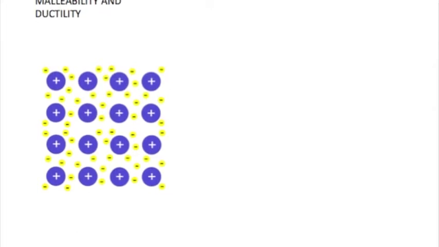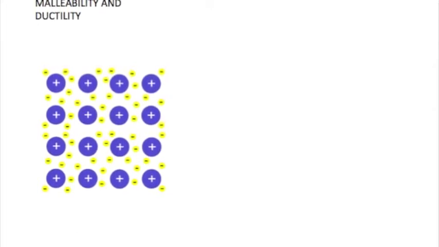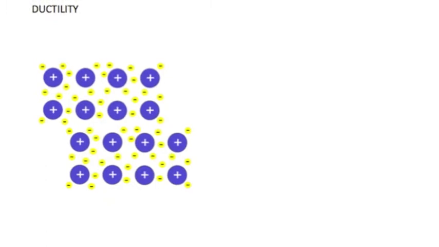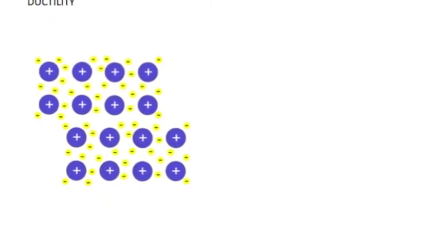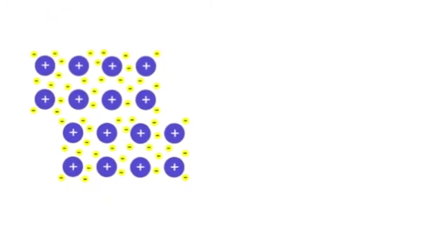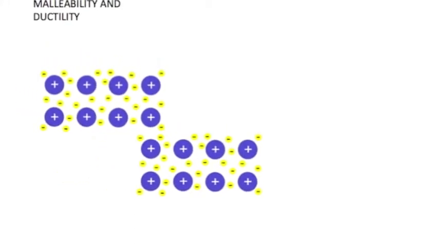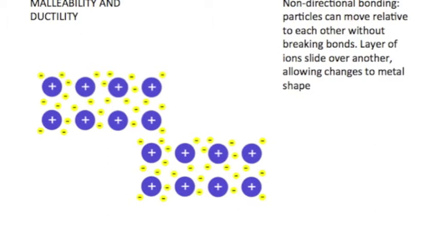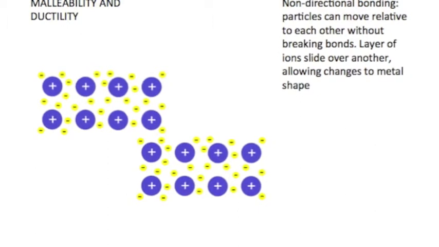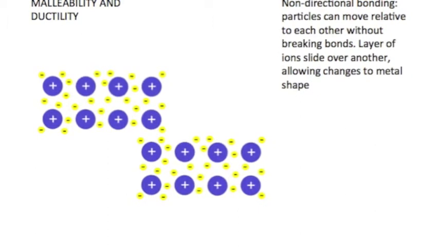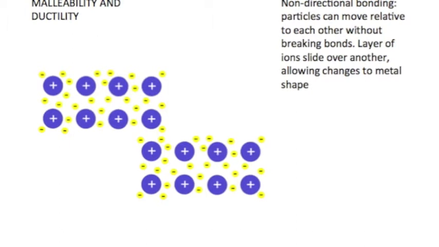As you can see here, if I apply some force to the left, the bottom half of the metal is being pushed to the right. The rationale for this is the bonding in metals is non-directional. This means that the particles can be moved relative to each other without breaking the bonds between them.